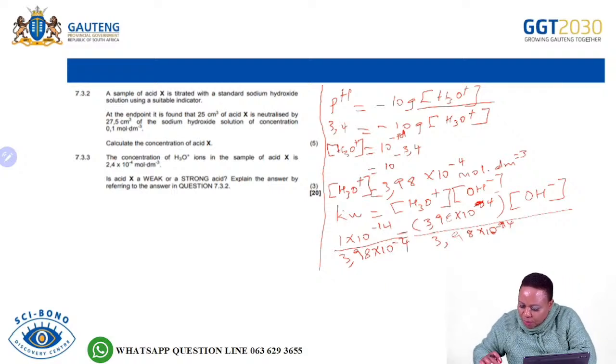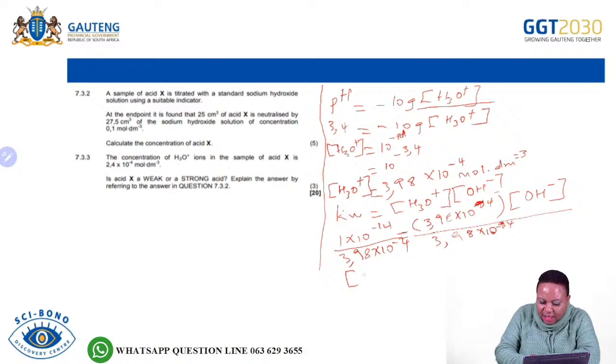Therefore, we are going to say 10 to the exponent minus 14, divided by 3.98 times 10 to the exponent minus 4. And our answer is giving us the concentration of OH minus.